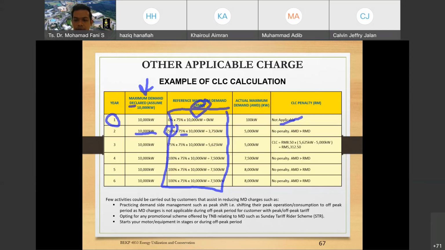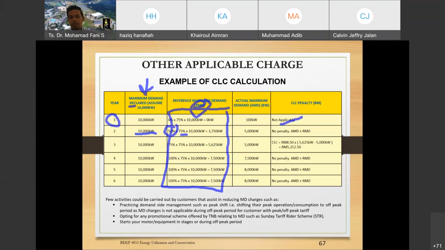So the balance from that will be calculated, and this CLC charge will be calculated by multiplying the 8.5 ringgit with the balance between the power between RMD and actual maximum demand. So the CLC charge is 5,312.50 cent. So that one is the charge.